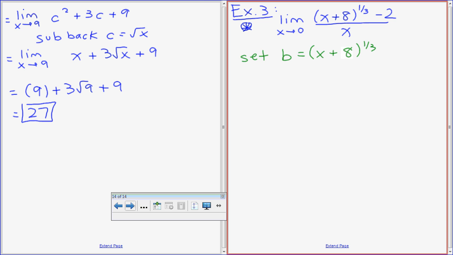So, how do I isolate x? Anybody here? What's the first step to isolate x? Cube root. Well, I cube both of them.